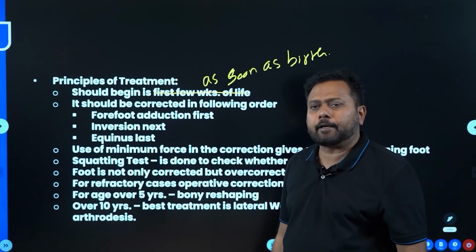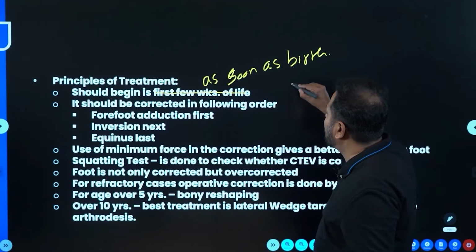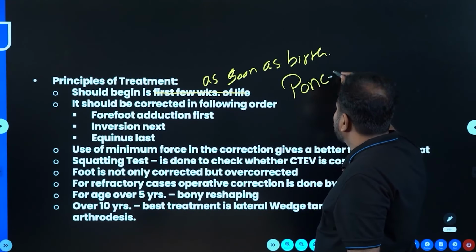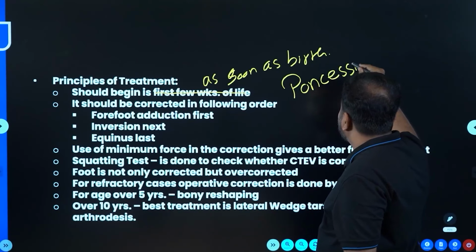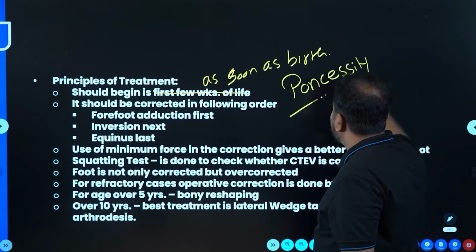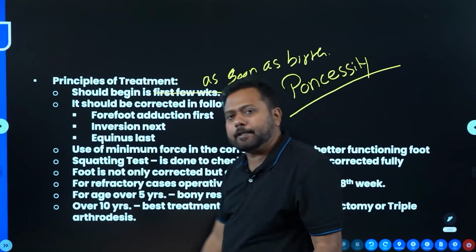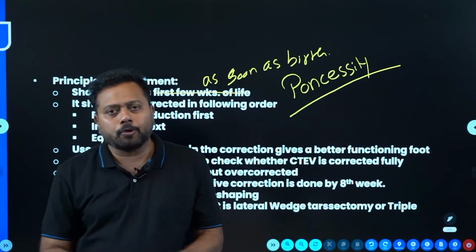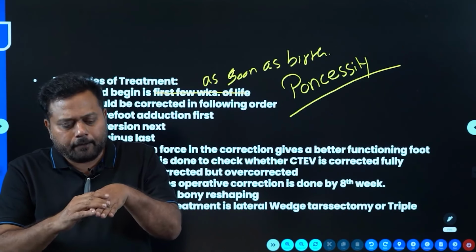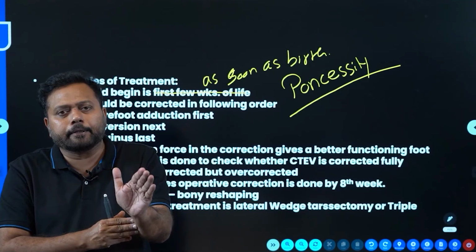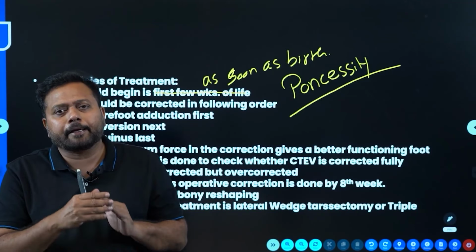This is the order of correction, and this method of correction is called Ponseti's method. So you correct forefoot adduction, inversion, equinus, and just give a below knee POP cast.